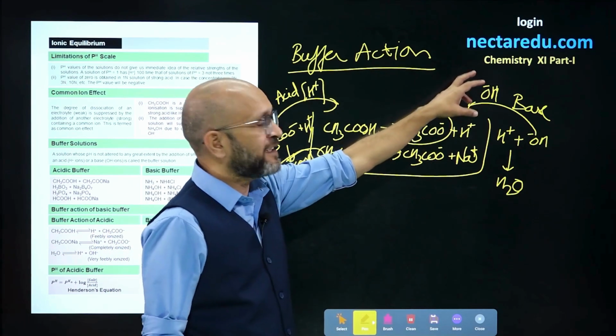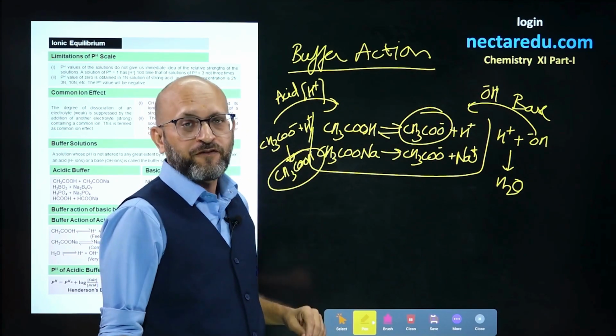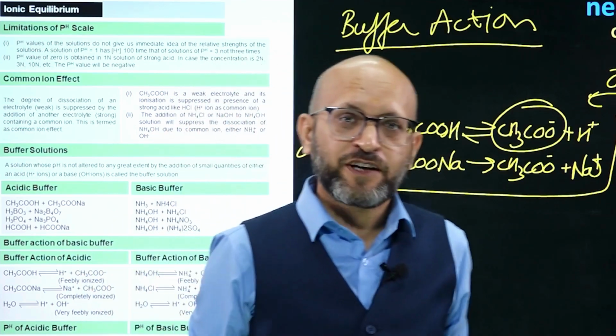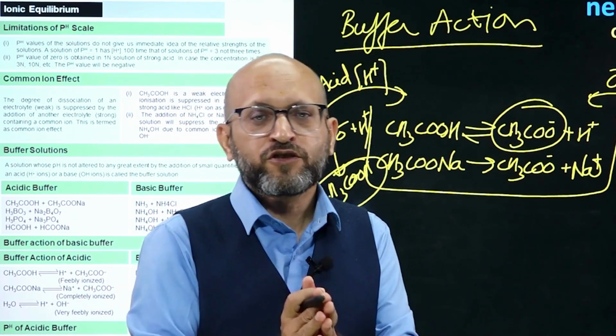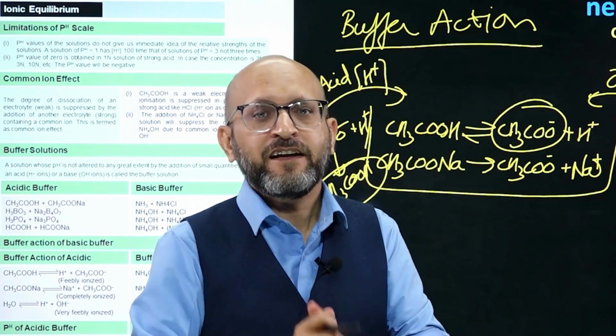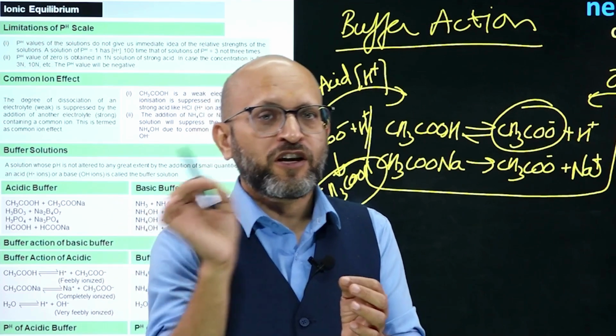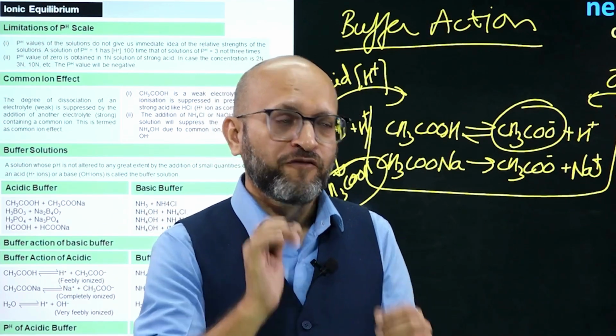So this OH minus is used up, so it does not affect the pH of the buffer. In this way, a basic buffer will also function and the pH of the buffer will be maintained as such. No change will happen on addition of a small amount of acid or a small amount of base.